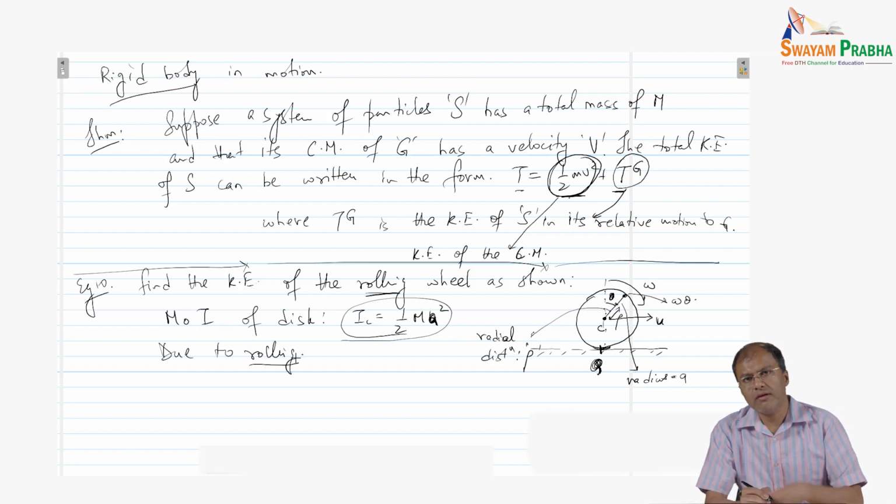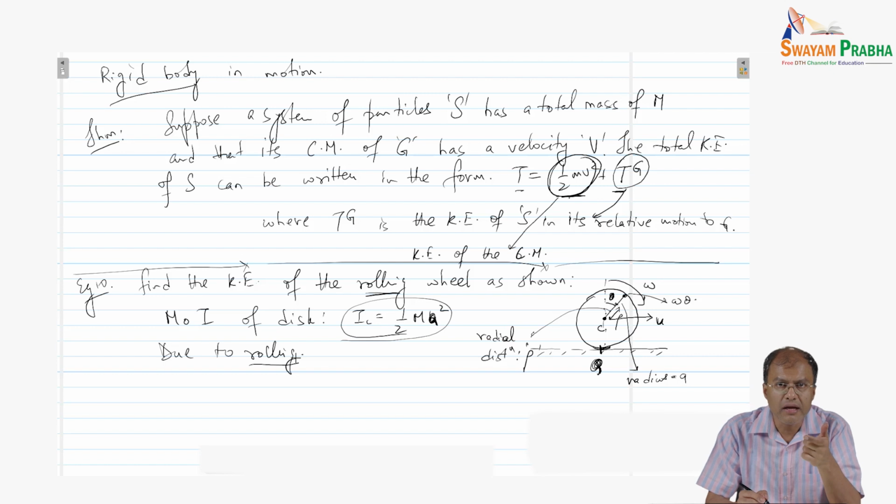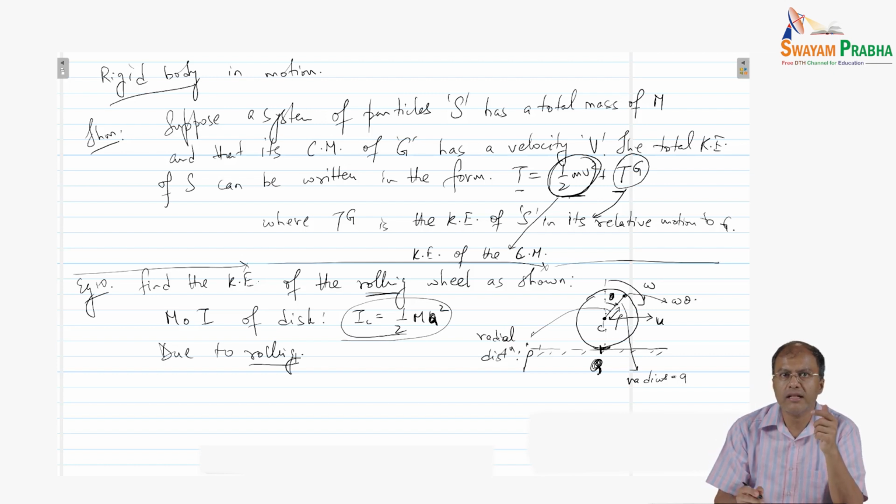What happens is, when the wheel is rolling rather than slipping, we expect that at the point of touching the floor, the velocity of the wheel is going to be zero, right? So v_Q is 0.